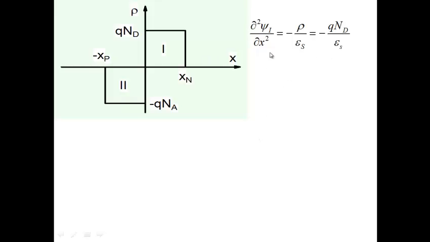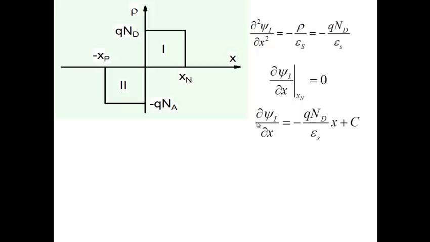Poisson's equation relates charge to the potential, and so we have a region 1 and a region 2. In region 1, rho is Q Nd, and the electric field is 0 outside, no charges there. So we start integrating. We get del psi by del x equal to minus Q Nd over epsilon s, x; integrate it once.